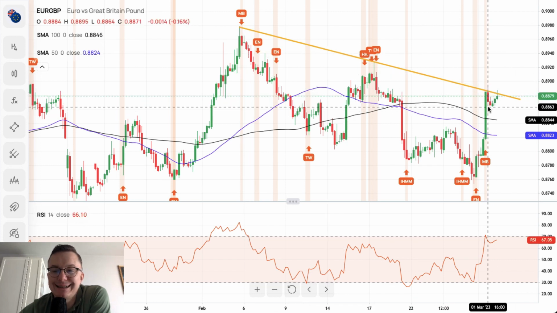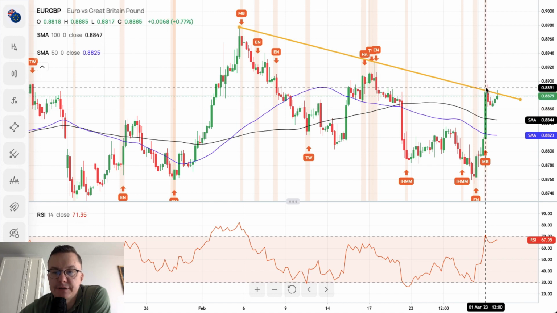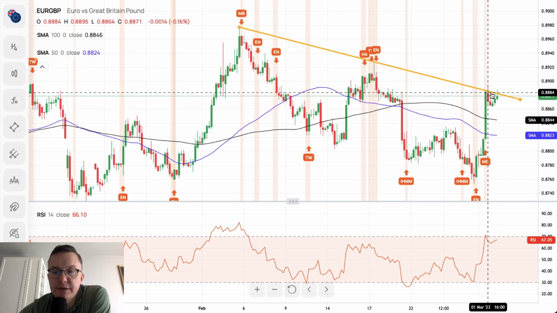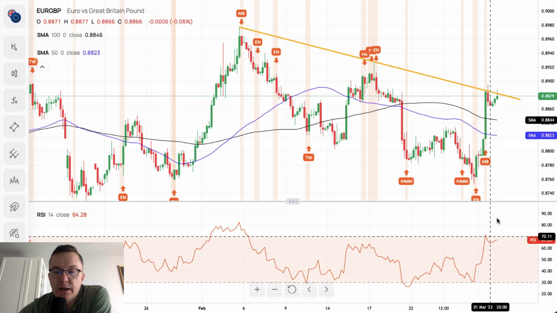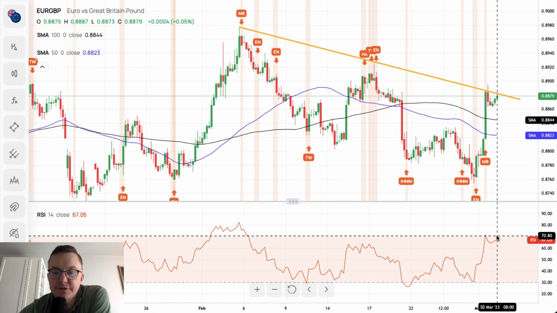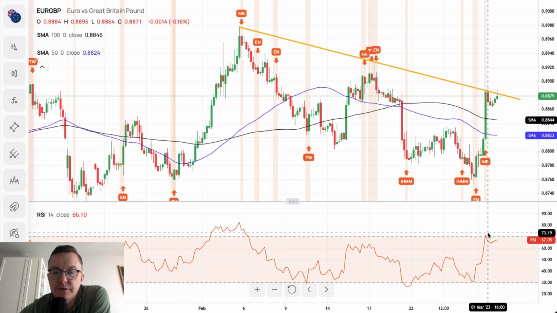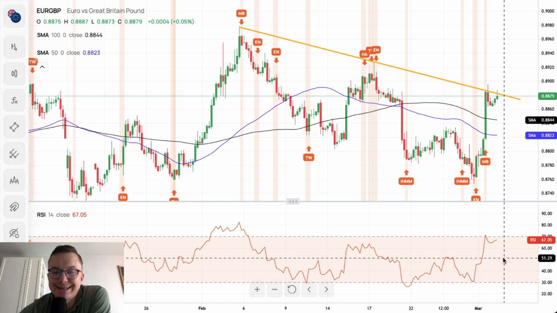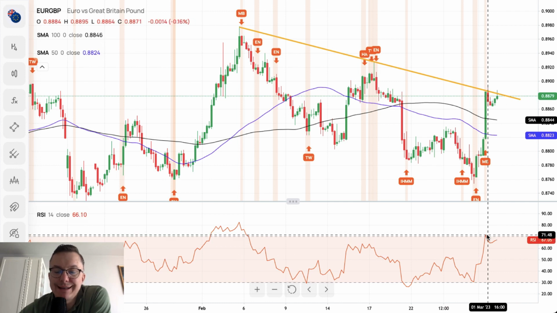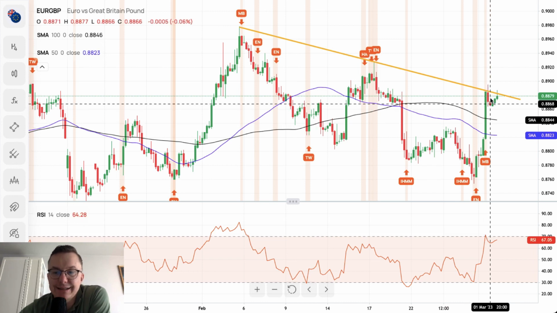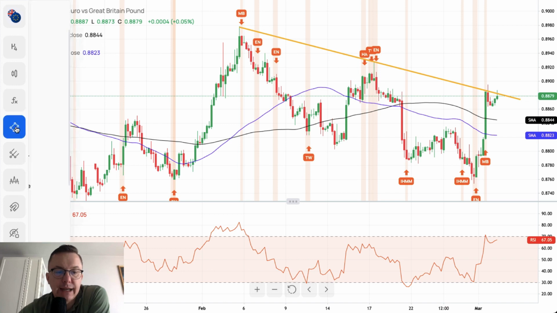The market didn't actually close above this trend line, and it's being rejected again. The momentum is right now at elevated levels, almost extreme, around 67 points. So we are hitting extremely overbought market conditions, and that is not helping bulls.